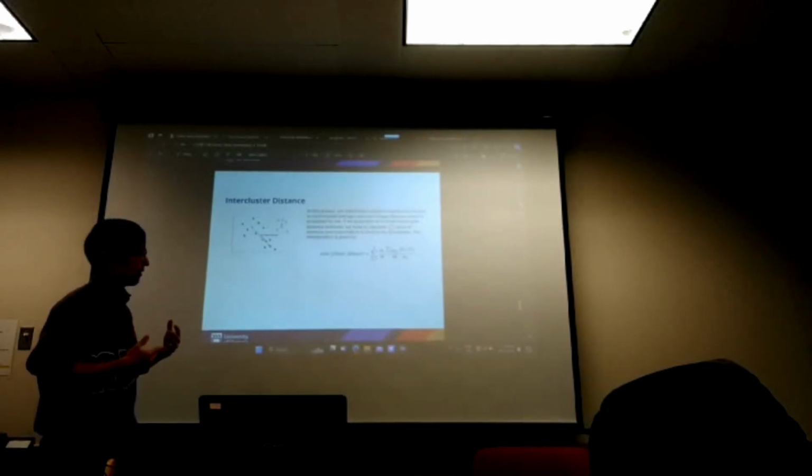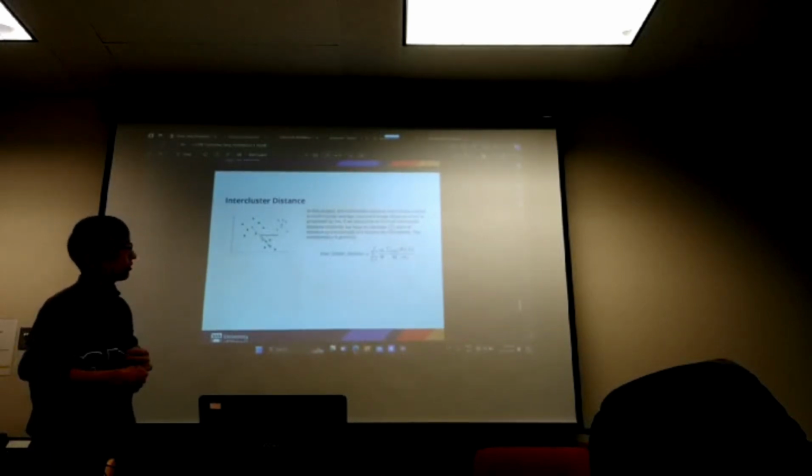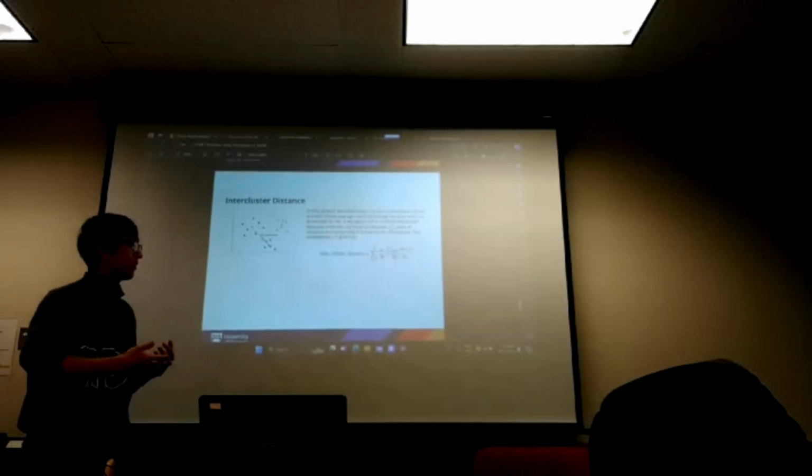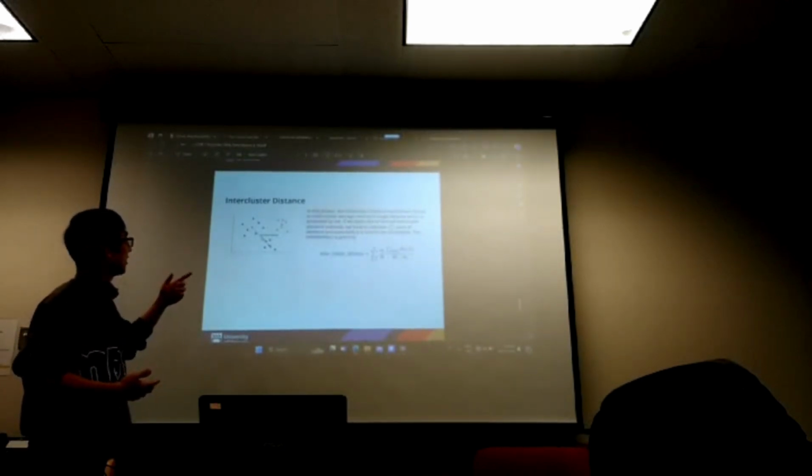But in my case, we have 7 clusters, so it will be complex if we use the common way to calculate the intercluster distance.